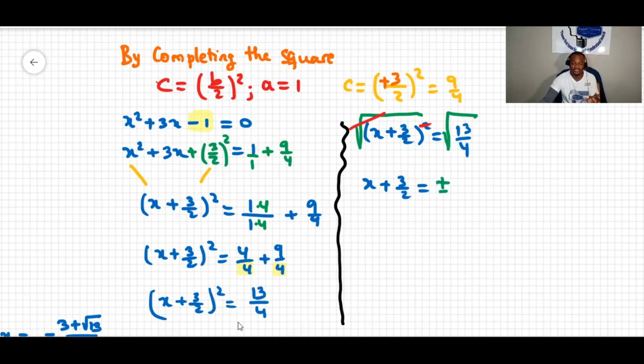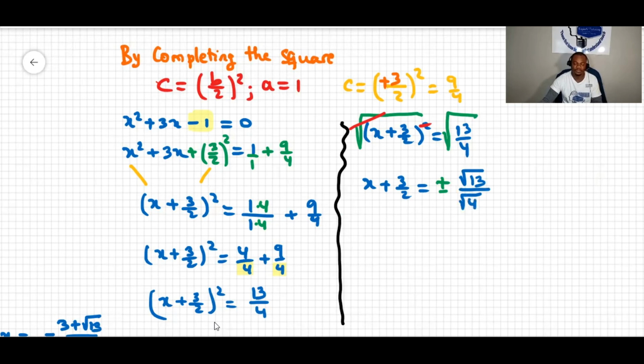Whenever you have an equation and you take the square root, always put the plus or minus. I gave an example in the previous video: 3 to the power of 2 is 9, and negative 3 to the power of 2 is still 9. That is why when we square root an equation like this, we need to put plus or minus. So plus or minus square root of 13 over square root of 4.